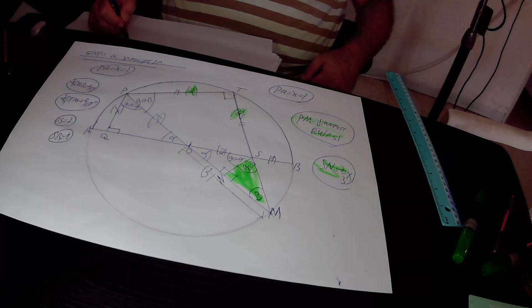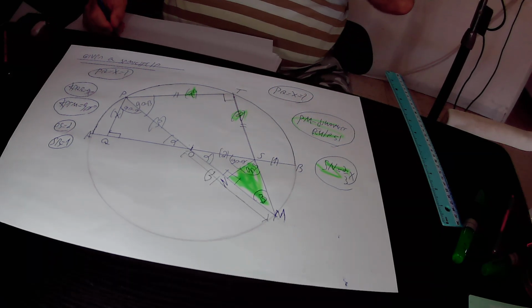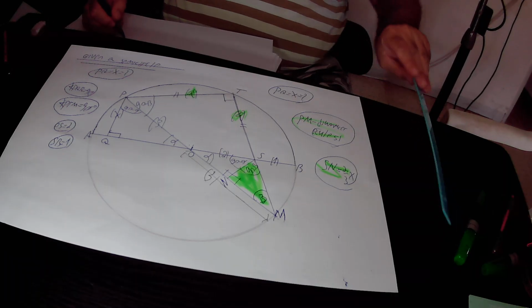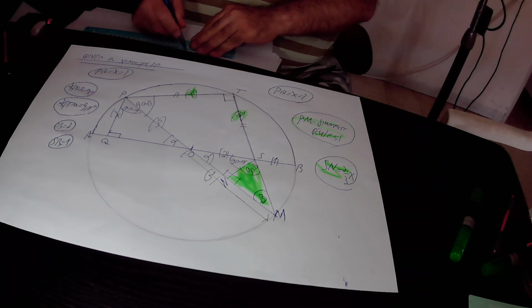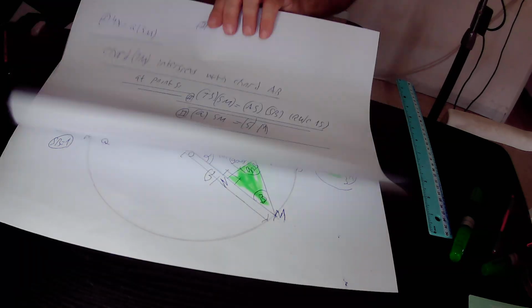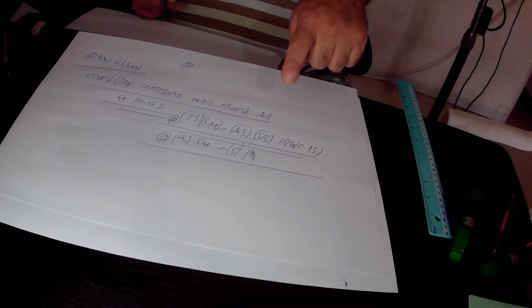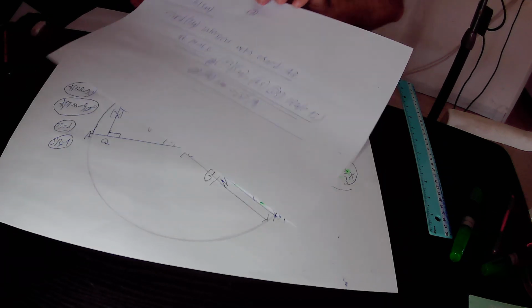Times SB. SB equals 1. So in total, according to rule 15, A times SM equals 5 times 1. 5 times 1 is 5.